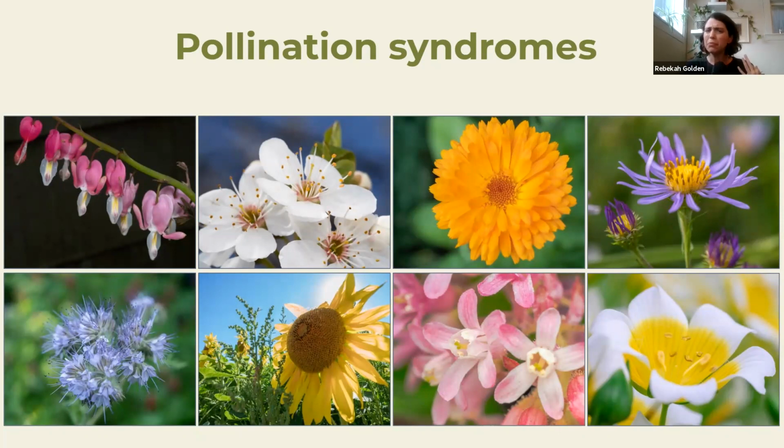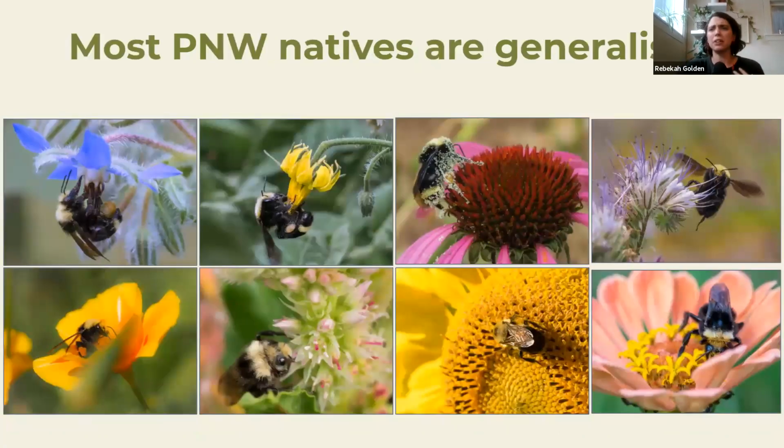But a lot of the bees and a lot of the Pacific Northwest native pollinators that we have are what we call generalist foragers that are foraging on a variety of plants. And so this is the same species of yellow-faced bumblebee on many, many different types of plants.